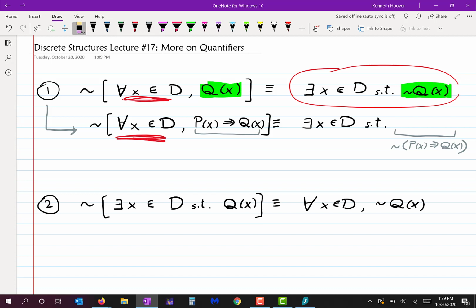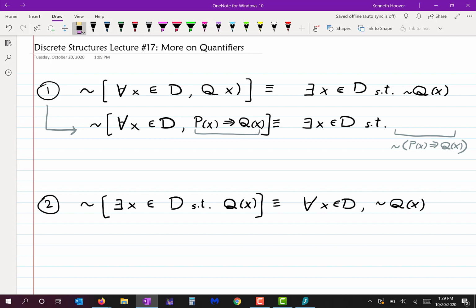Now, you should know how to negate a conditional, so let's review that. How do you negate a conditional statement? Let's look at a truth table.